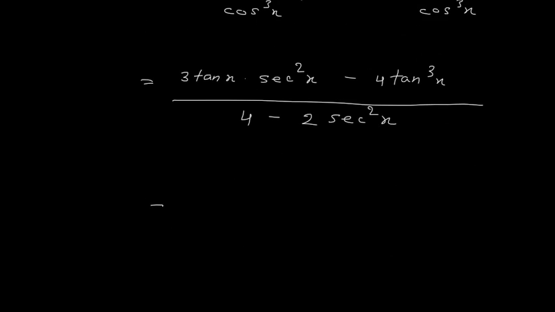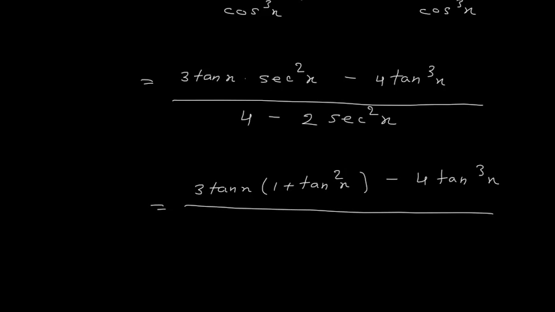Now this sec square x can be written as 1 plus tan square x, so numerator is 3 tan x into 1 plus tan square x minus 4 tan cube x whole divided by 4 minus 3.